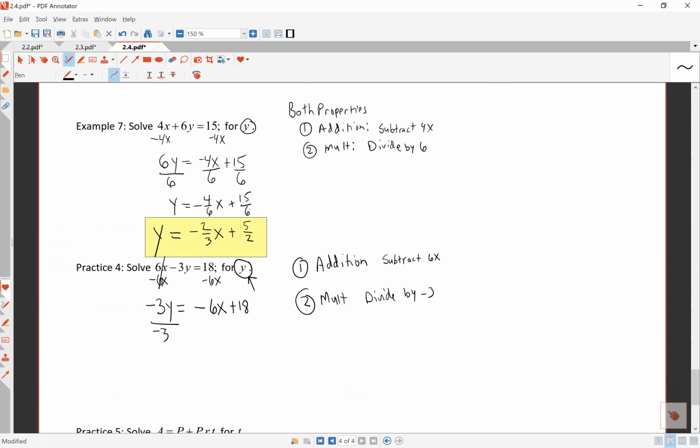You can write it like that, but what you'll see here in a couple weeks is that we always put the x term first. It's completely correct. For example, in the problem before it, I would be fine if you wrote the answer as y equals 5/2 minus 2/3 x. I would be completely okay if you wrote negative 3y equals 18 minus 6x.